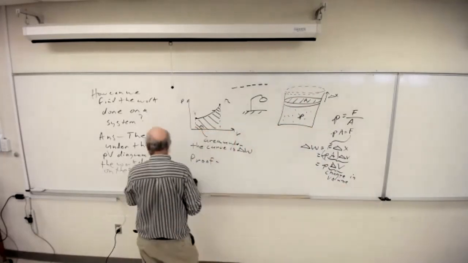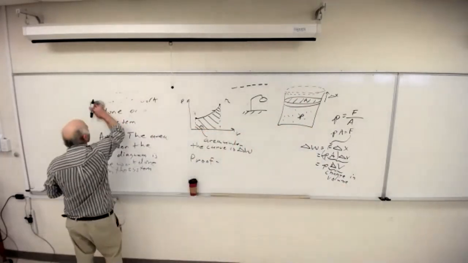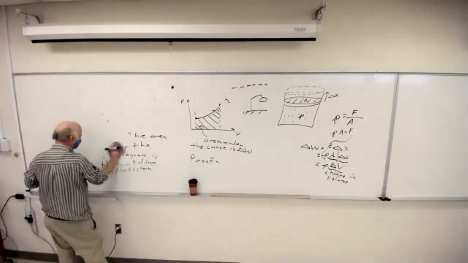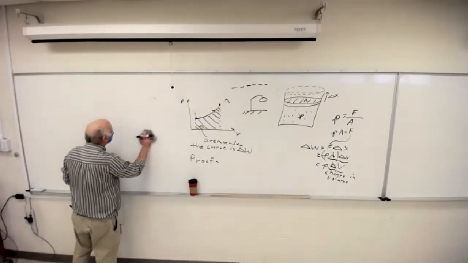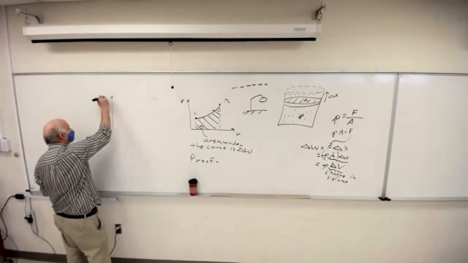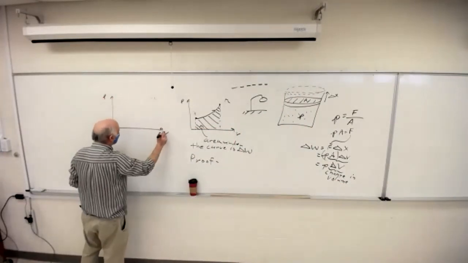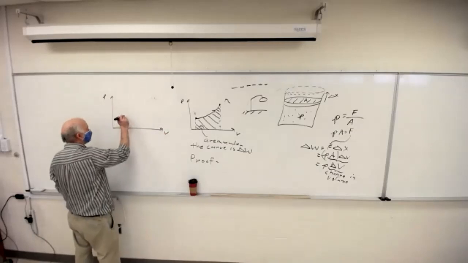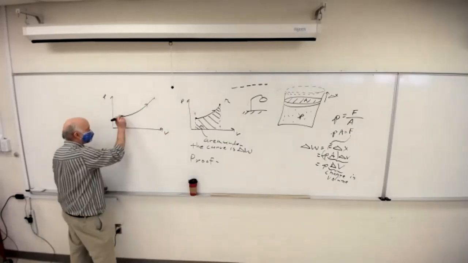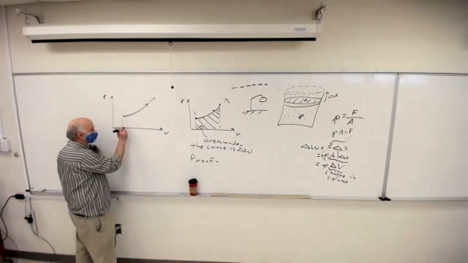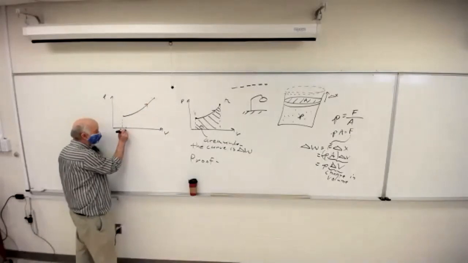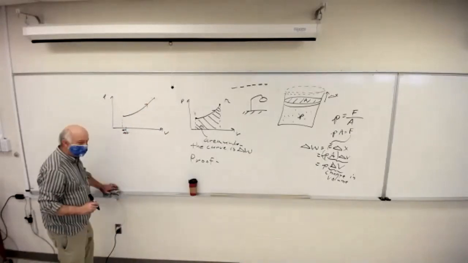Let's see graphically what that means. So here's my PV diagram. We said this gas is starting here and it's going like this. So what am I going to do? I'm going to take the pressure here, and then that volume basically changes by this amount. So this amount right here, this is my change in volume.